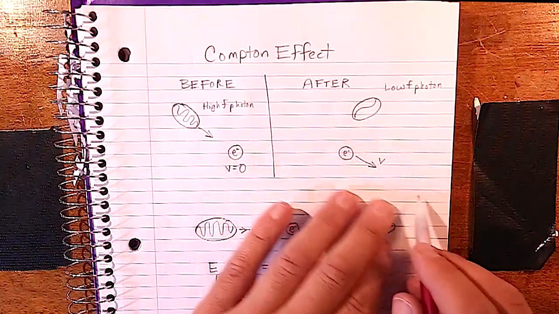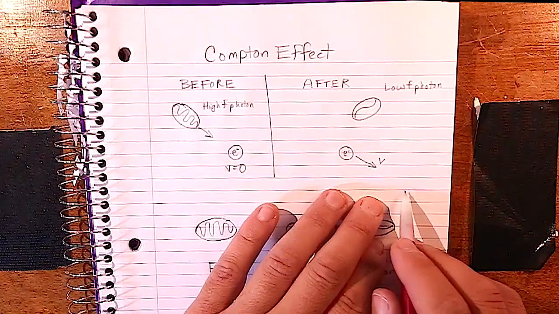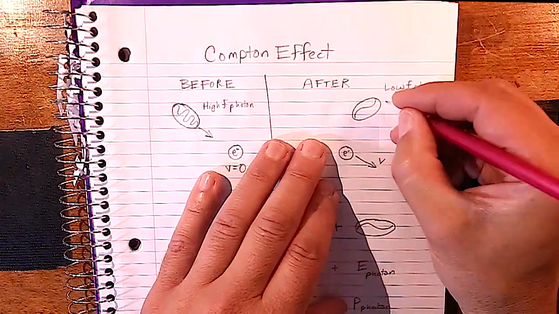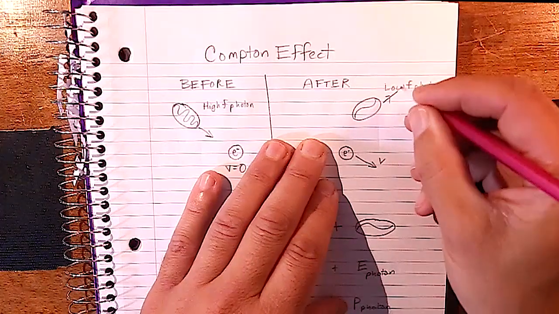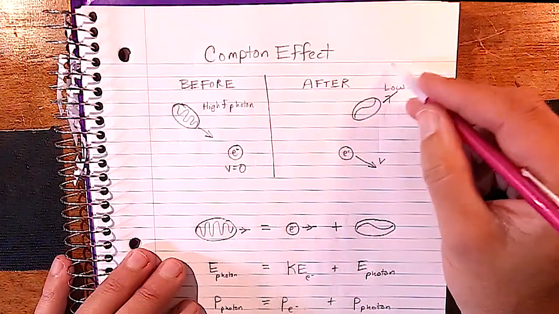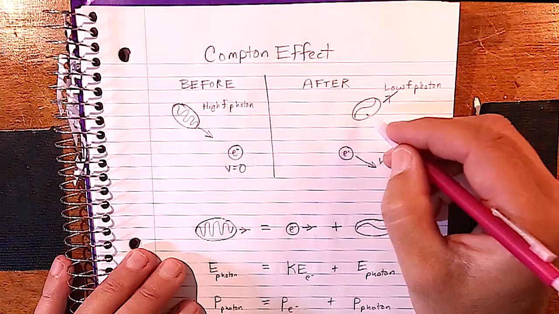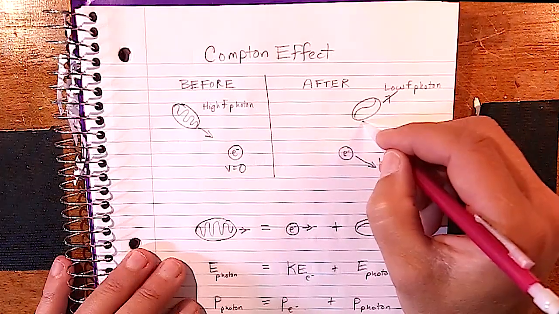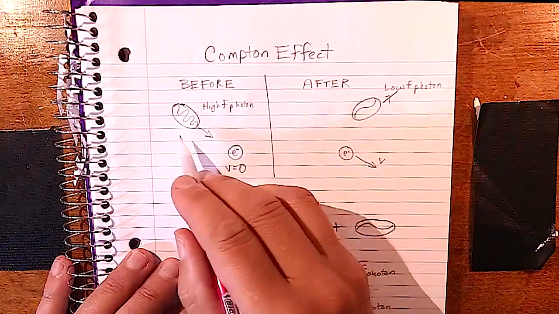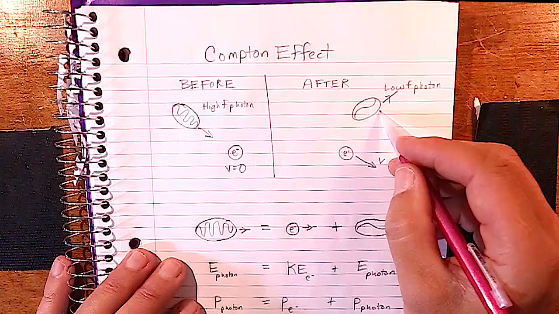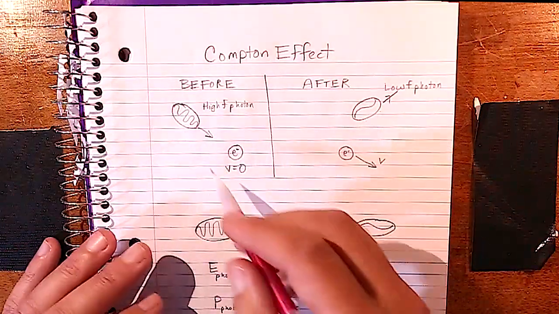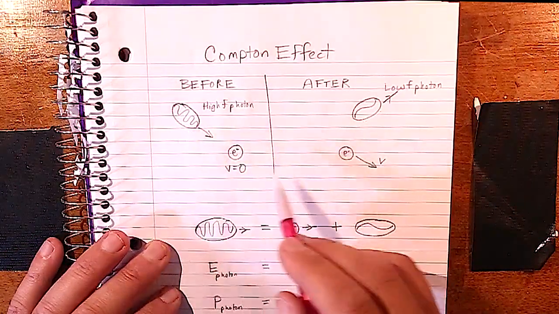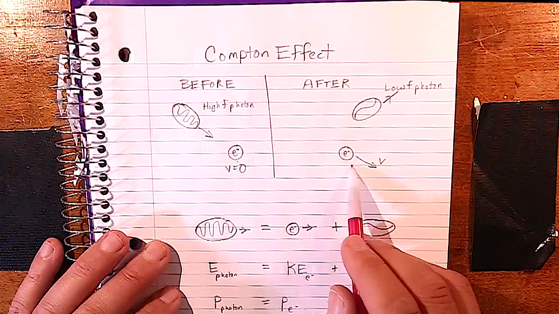So we see this electron end up in a new location, and the photon goes glancing off, and now you can have a detector here that detects the color, and the color is lower frequency. So maybe it came in as blue and it went out as red. So what does that tell us? It says that this electron picked up energy.